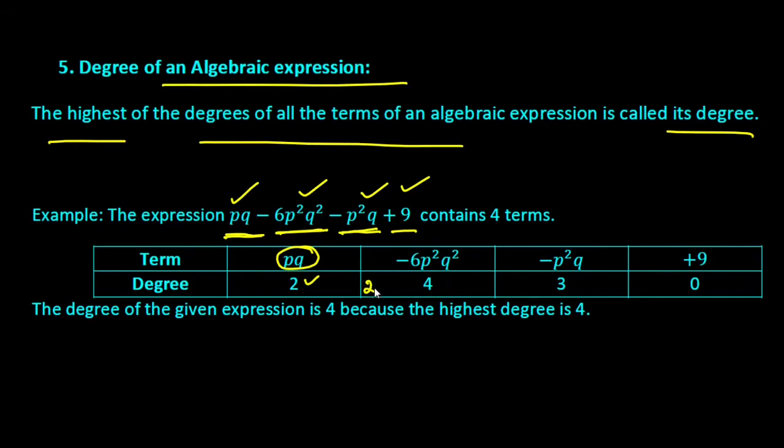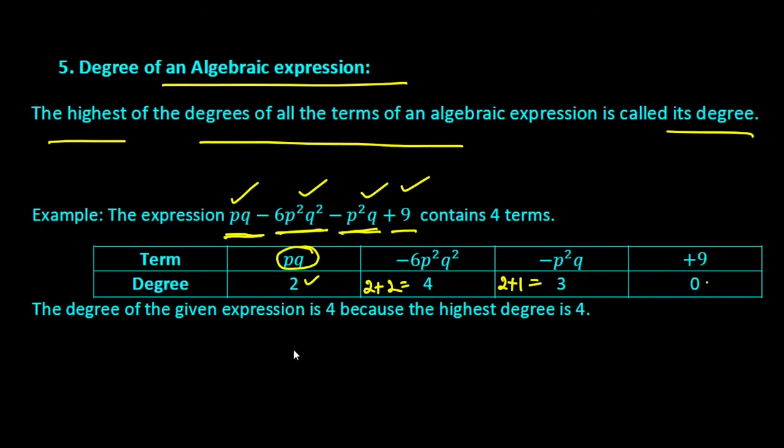So degree is 2 plus 2 is equal to 4. In the third term, minus p square q, exponent of p is 2 and exponent of q is 1. So the degree is 2 plus 1 is equal to 3. The degree of this constant term is 0.